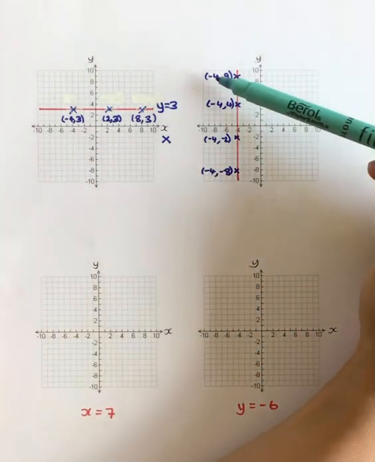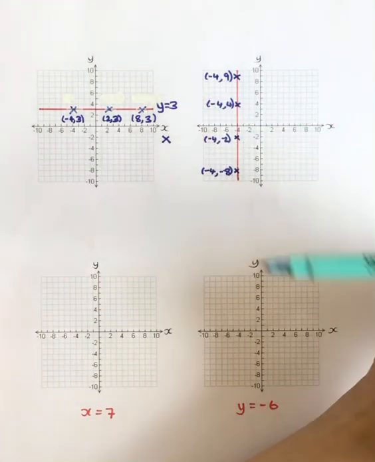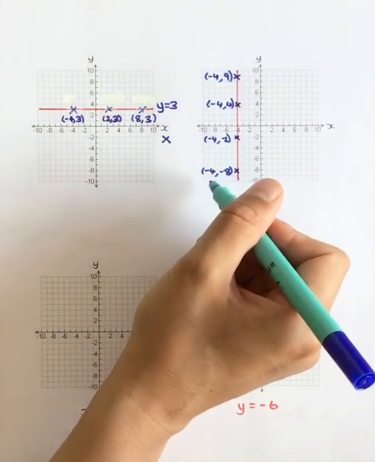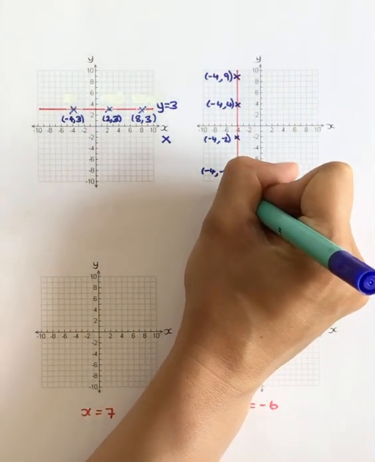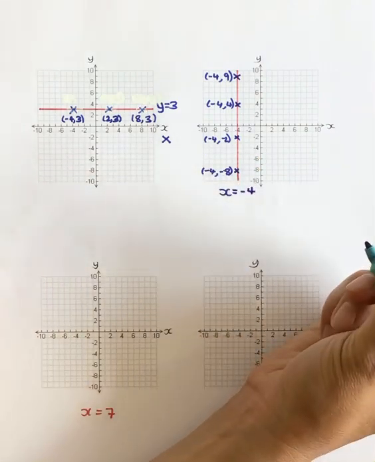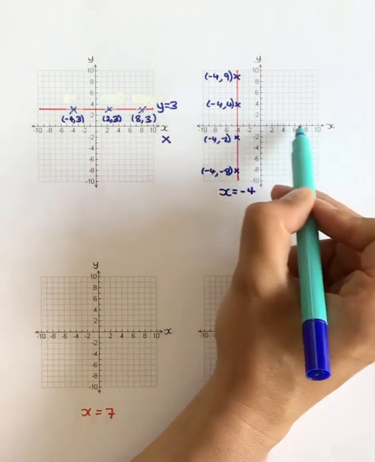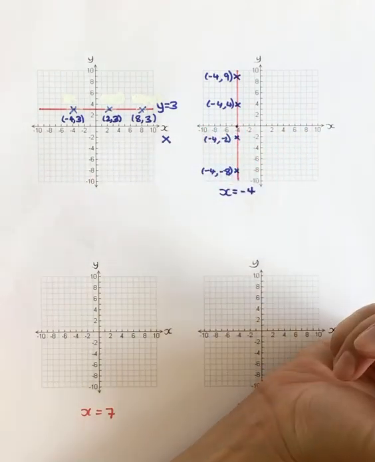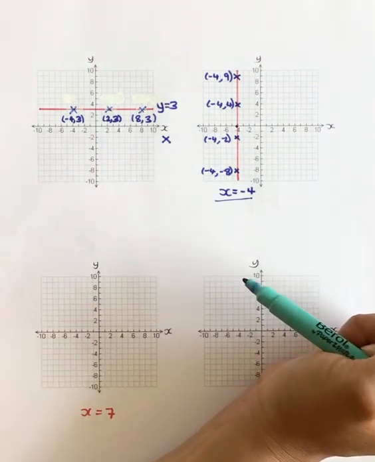So every time we've got -4 as the first coordinate. Remember, that's the x coordinate. So the x coordinate is always -4. So this is the line x equals -4. Let's check my cheating method works. It goes through the x-axis and it goes through at -4. So it's the line x equals -4.